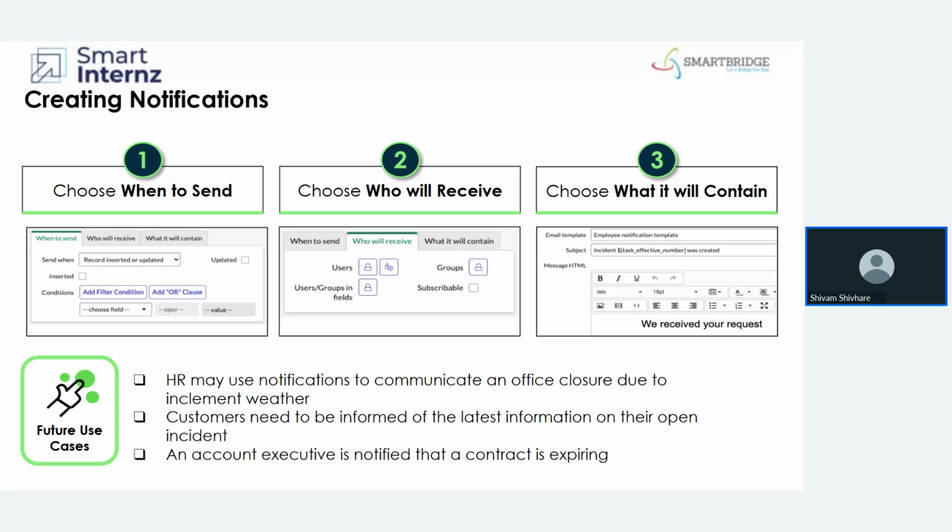Send a notification to each customer. An account executive is notified that a contract is expiring. A message, an alert should be sent to that person. These are a few use cases.